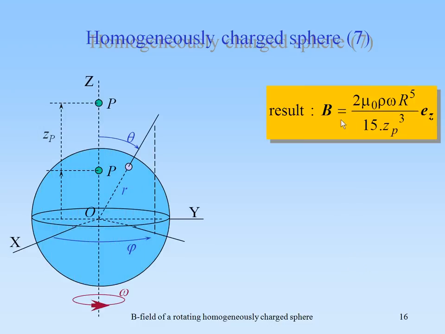The result when performing the integrations is 2 mu naught omega rho R to the power 5 over 15 zp to the third power.